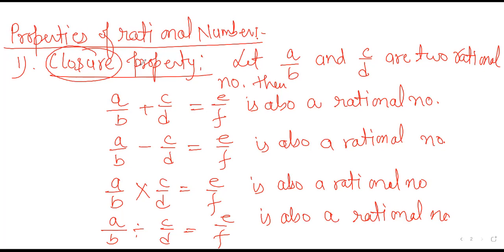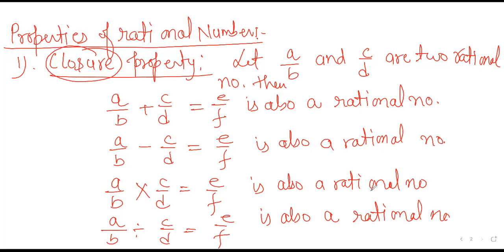Whatever operation you do, you will get a rational number. It is sometimes the same, sometimes not the same, but definitely you will get a rational number.